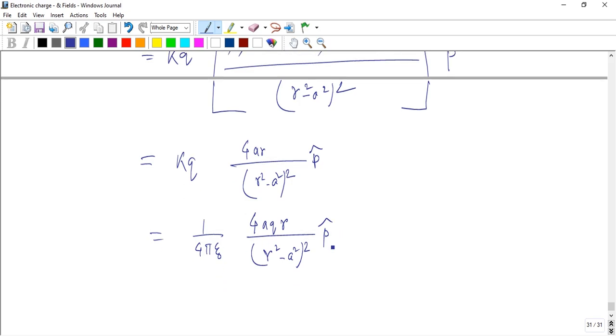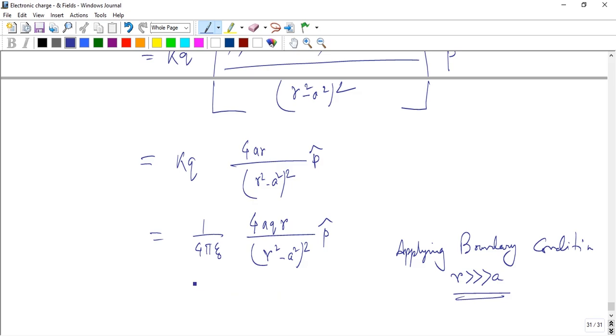Now we apply a boundary condition, that R is much greater than A. So in 1 over 4 pi epsilon naught times 4 A Q R, A is ignored in the denominator.